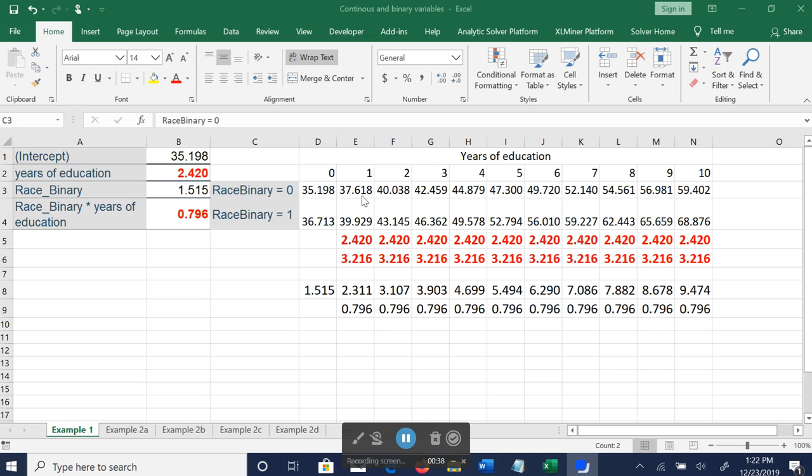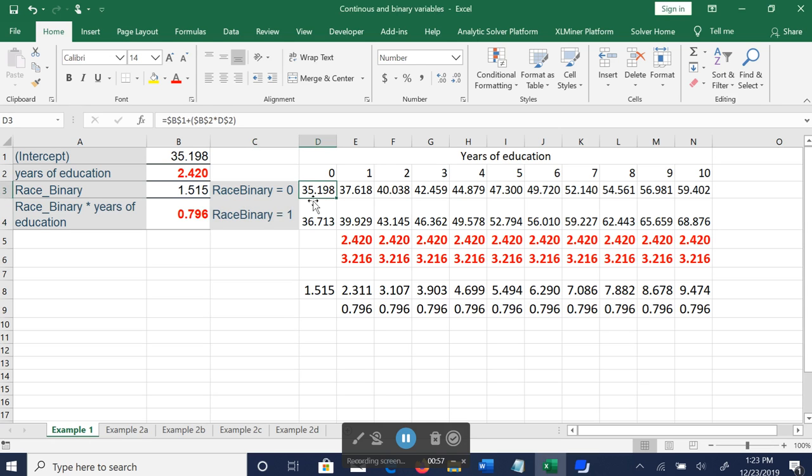As you can see from here, if we try to estimate what's the income for those from ratio category 0 with 0 years of education, this is how the formula looks.